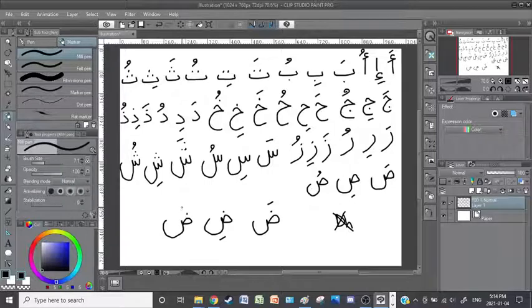Dad with a fatha is da, but this is incorrect transliteration because the letter does not exist. Dad with a kasra is di, but again, this is a close approximation. Dad with a dhamma is du. And I'll cross that out as well.